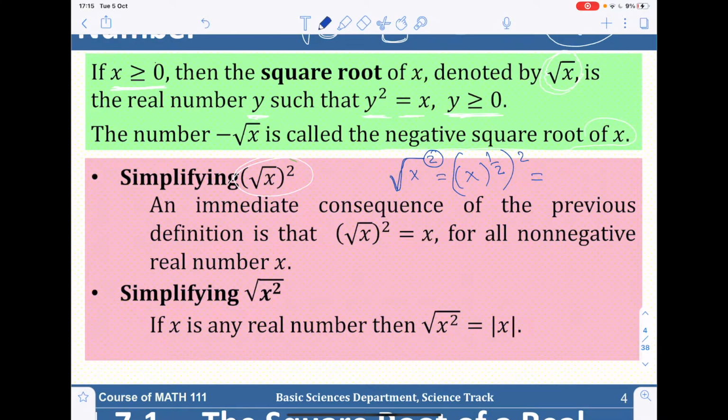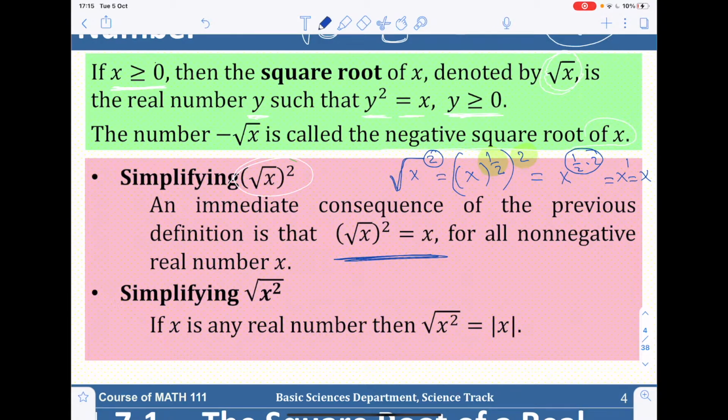Now, if I have a power and then another power, I can multiply the powers. So this would be x to the power 1 over 2 times 2. And now 1 over 2 times 2 is 1, so x to the power 1, which is x. So that's why the square root of x squared equals x.